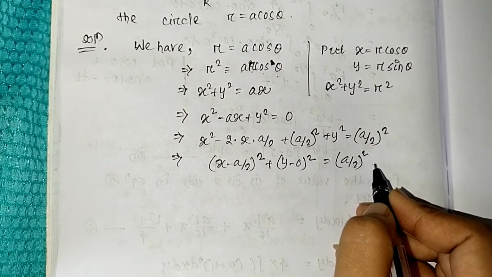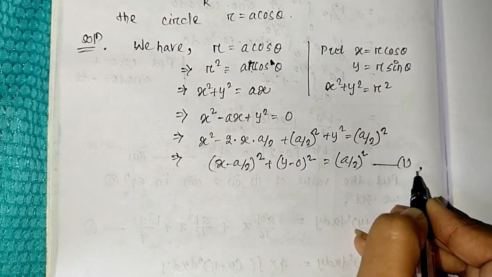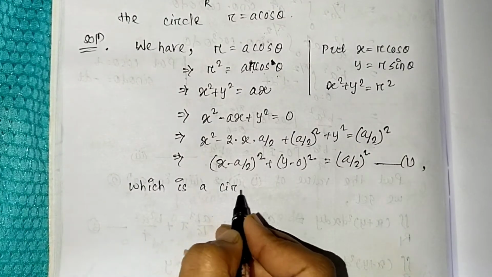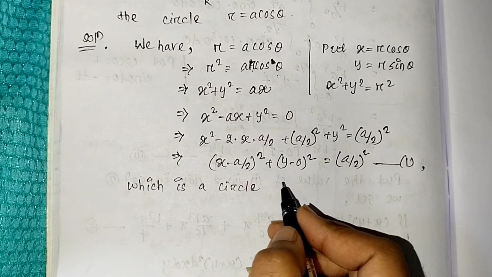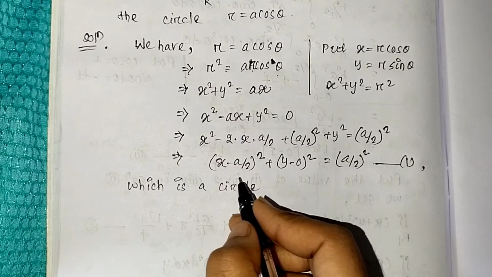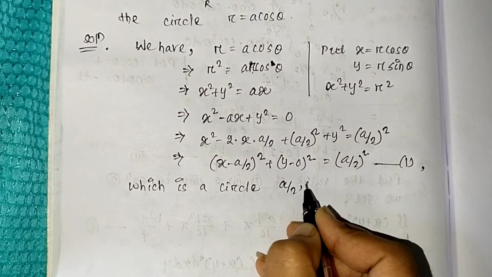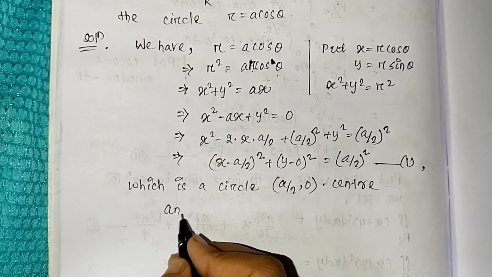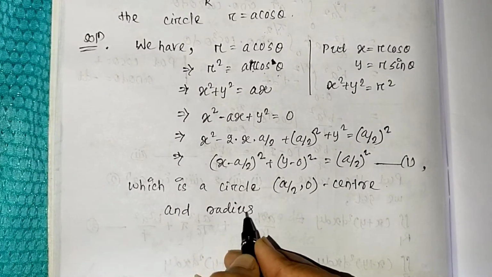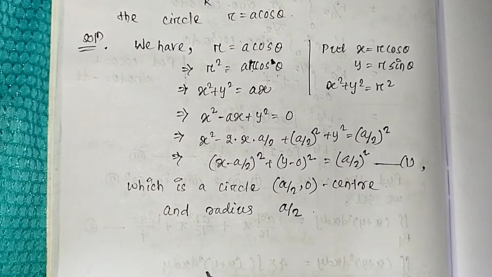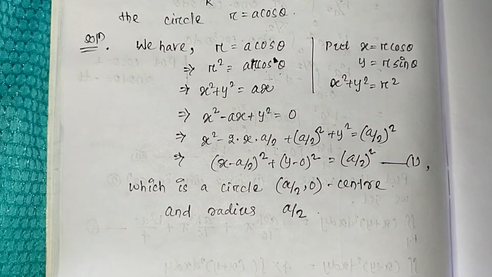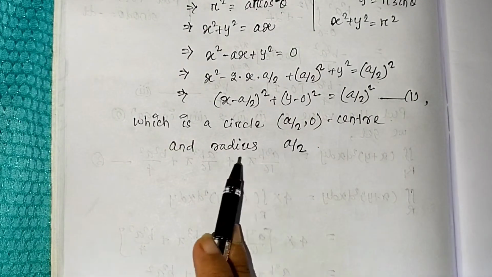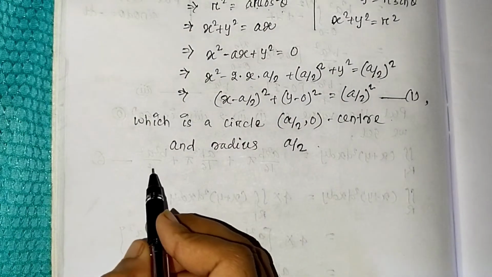That is our equation 1, which is a circle whose center is a by 2, 0 and radius is a by 2. So we draw the diagram in Cartesian form.